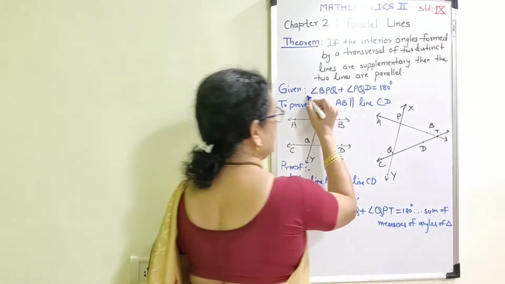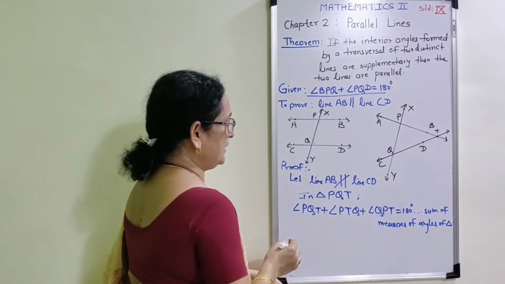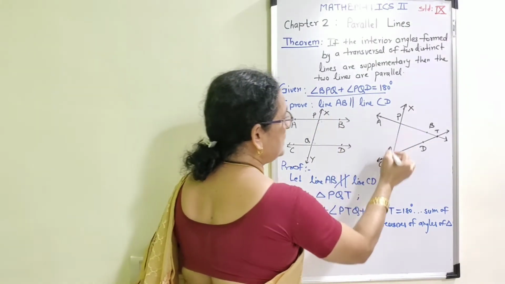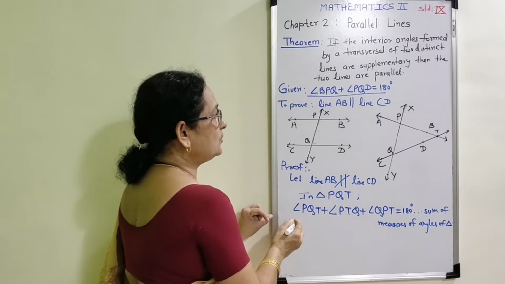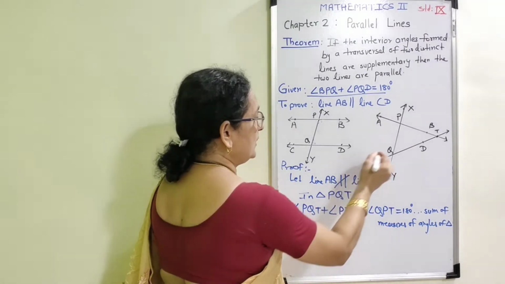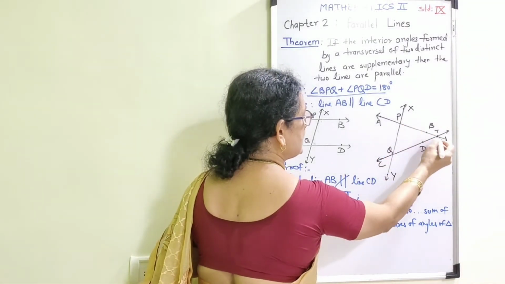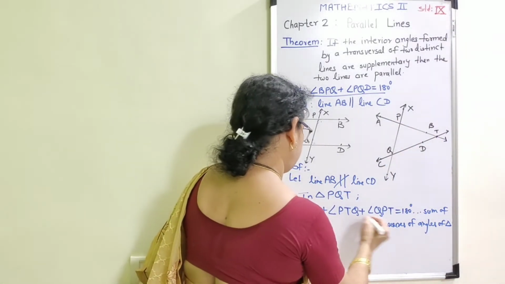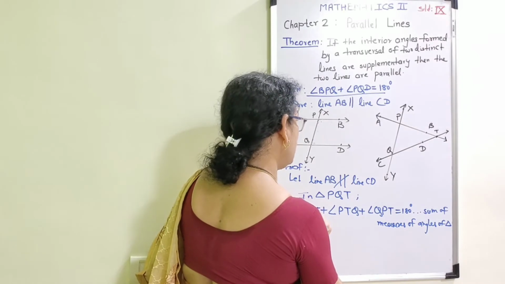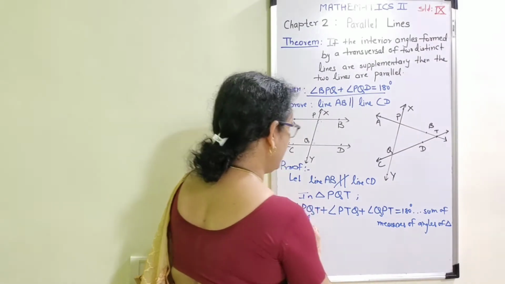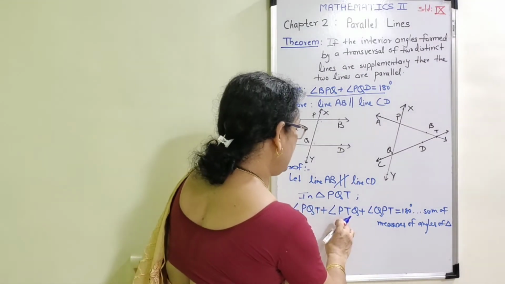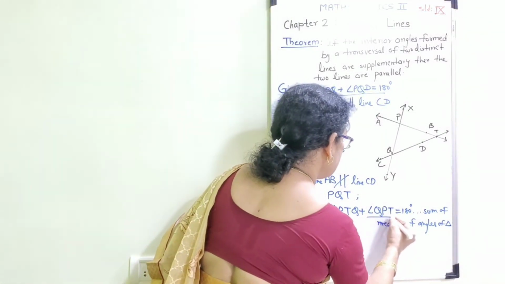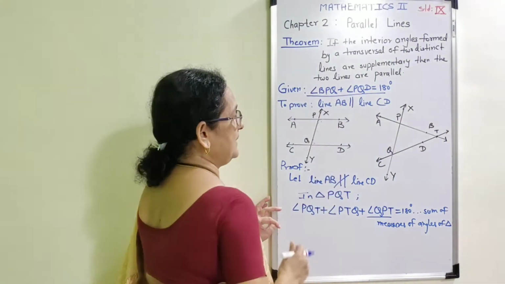But observe the given. In given, they have given that angle BPQ and angle PQD is equal to 180 degree. Now angle BPQ is same as angle TPQ. Angle QPT is same as angle BPQ.